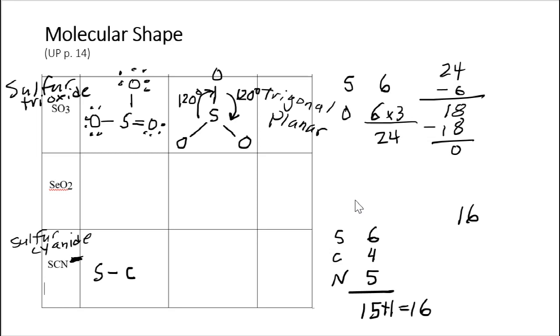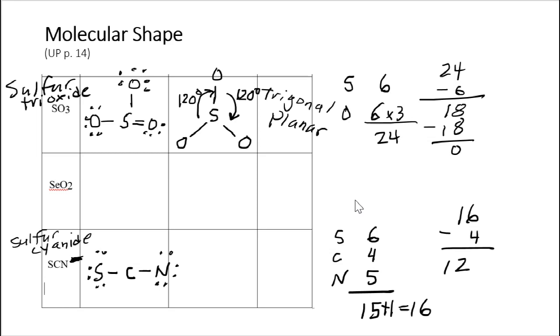I'm pretty sure that that's right. Okay, I just used up 4 electrons. Guessing the shape of this, I used up 4 electrons, so I've got 12 left. 1, 2, 3, 4, 5, 6, 7, 8, 9, 10, 11, 12.